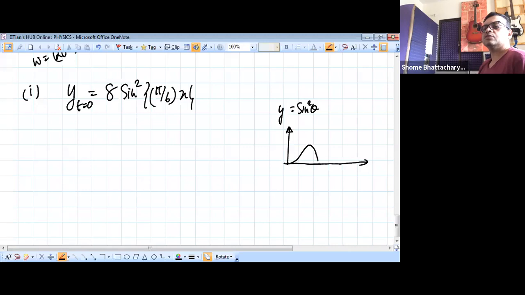So we will make use of that while plotting our particular graph. So here let us understand how this particular graph will look now.